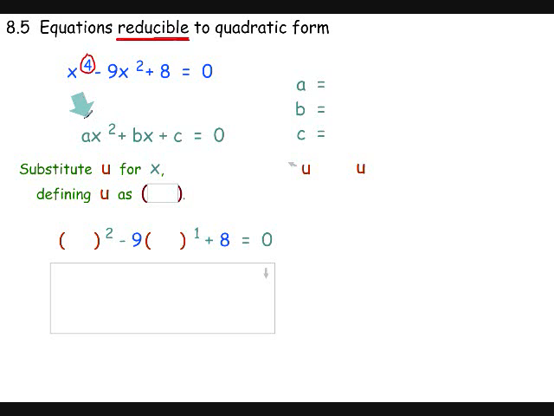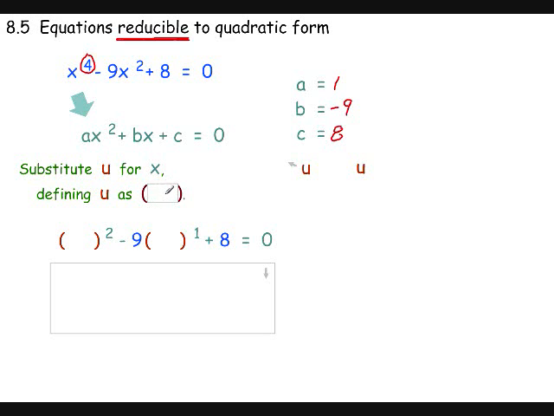However, I would like to transform this into quadratic, and I believe that I can. My a is 1. My b is -9. And my c is a +8. Instead of saying x, I'm going to substitute u.